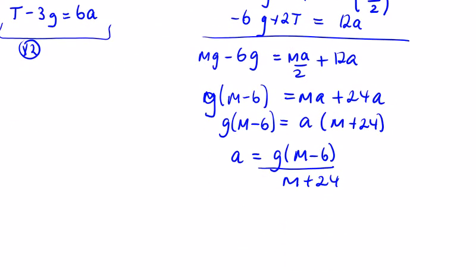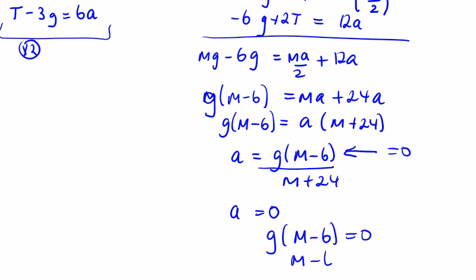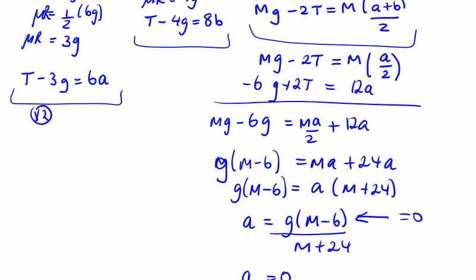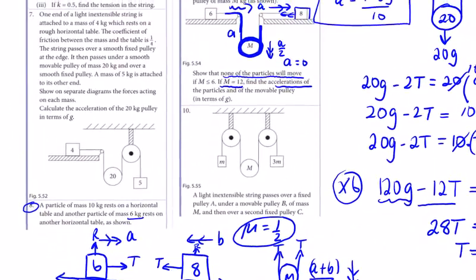And for acceleration to be 0, for a to be 0, the numerator has to be 0. So g times m minus 6 is equal to 0. G is 9.8, so that means that m minus 6 is equal to 0. So m is equal to 6, which is what we were asked to show all the way back up here.